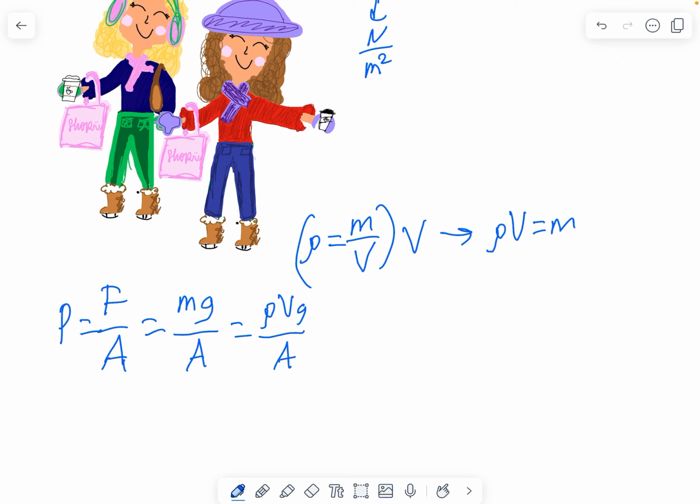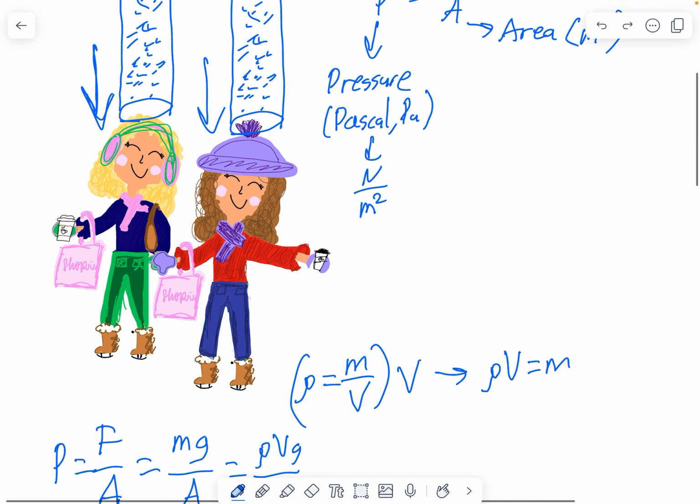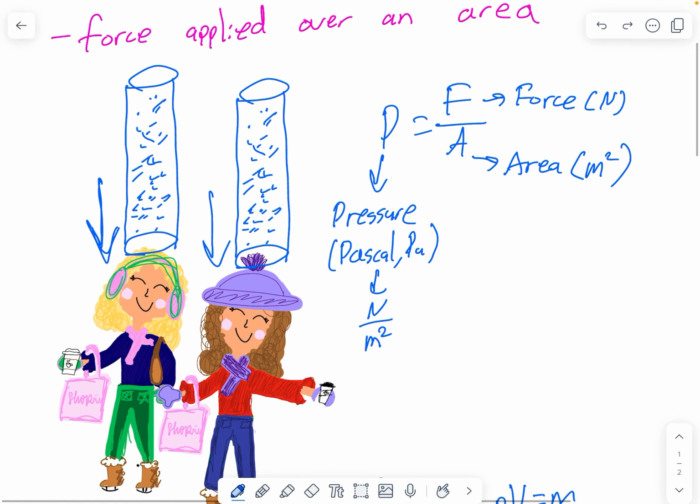Again, there's another problem because I don't know how to find the volume that's above my head, but I do know the shape. Anytime you find the volume of a 3D shape, in this case it's a cylinder, all you have to do is take the cross-sectional area of the cylinder and multiply it by whatever height is above you. You can do that for any shape.